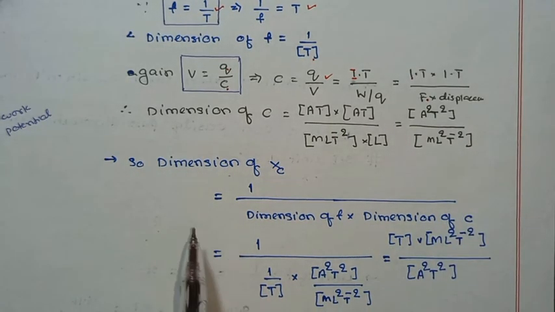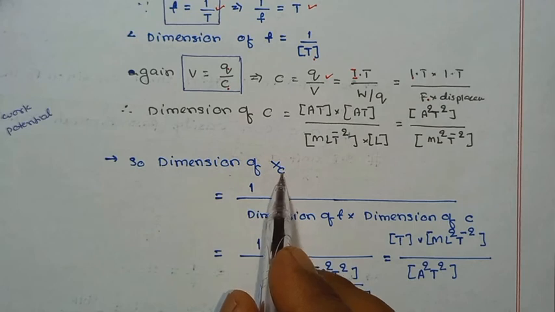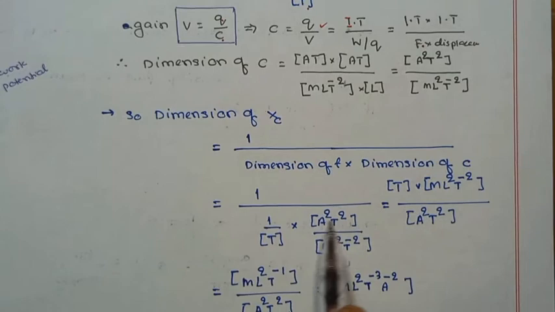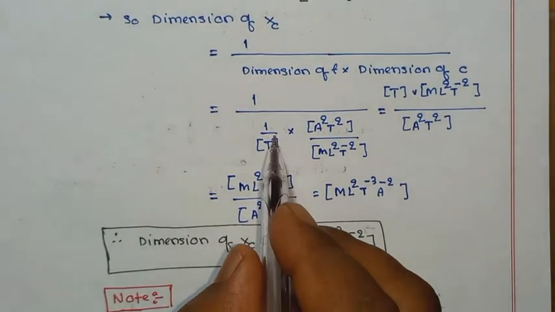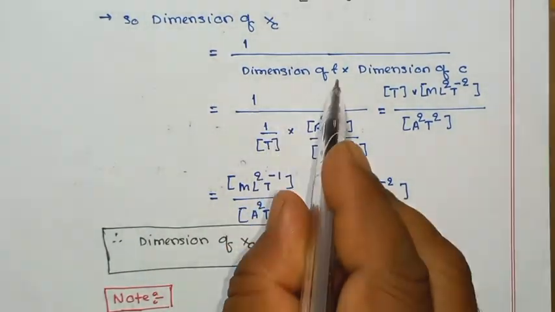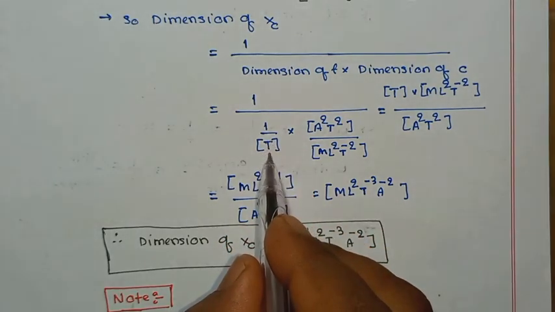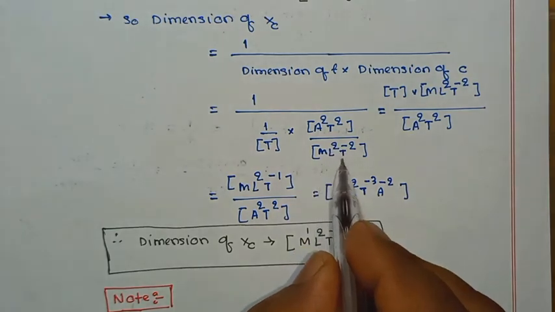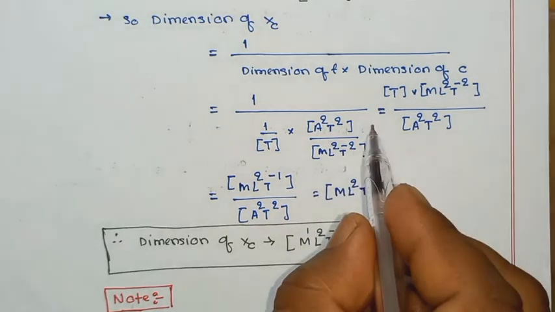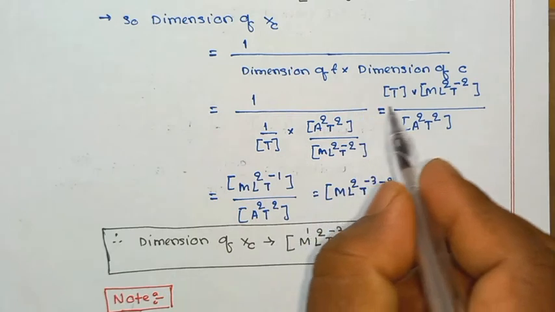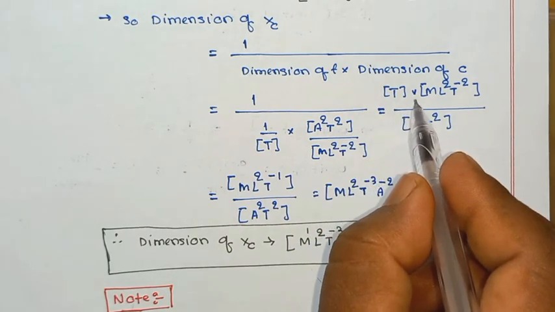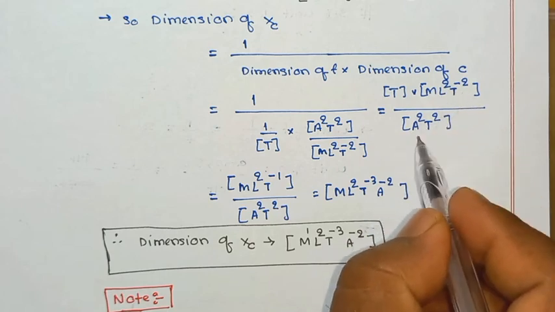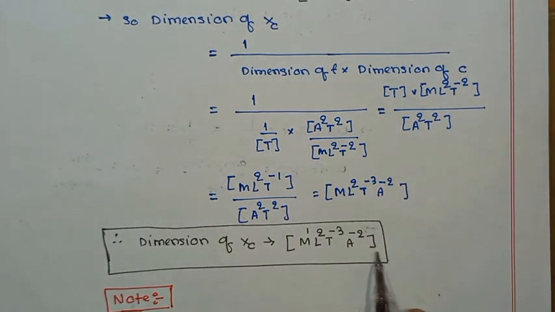So dimension of XC is equal to 1 by dimension of F into dimension of C. Therefore, 1 by the dimension of F is 1 by T into dimension of C is A square T square by ML square T to the power minus 2. After simplification we'll get T into ML to the power 2 T to the power minus 2 divided by A square T square.